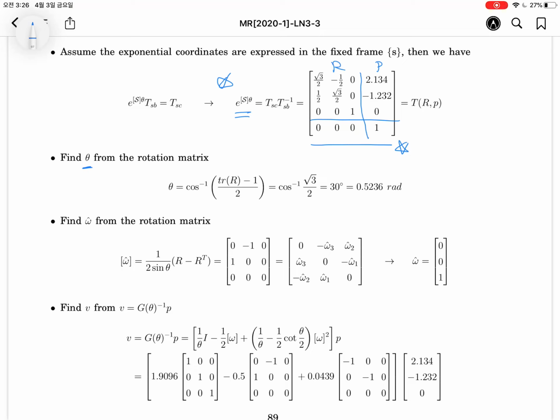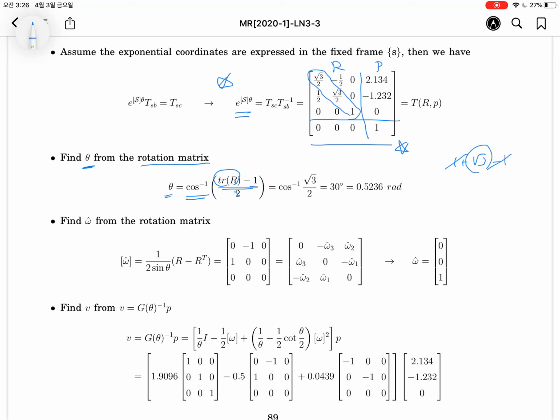For this, the distance traveled along the rotational axis can be obtained. Actually, the trace of R minus 1, over 2, and then we take the arc cosine, is equal to the rotational angle. So the trace, by adding the 3 diagonal elements, will be 1 plus the square root of 3.